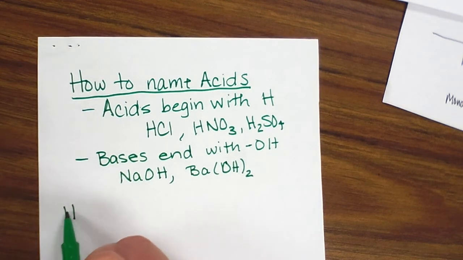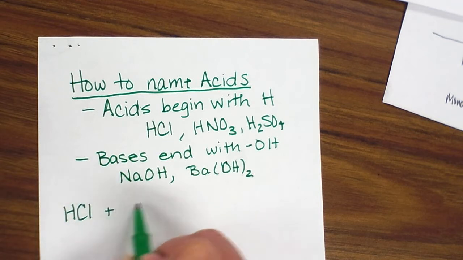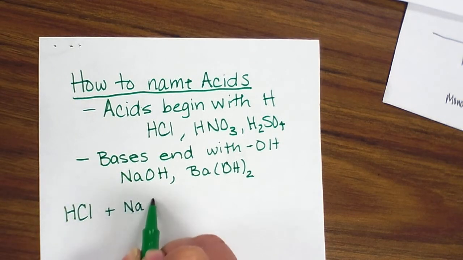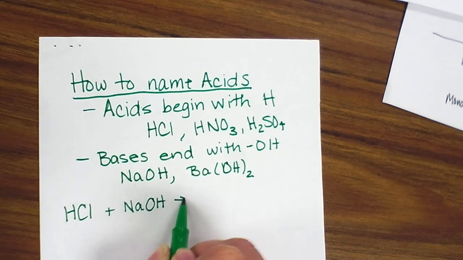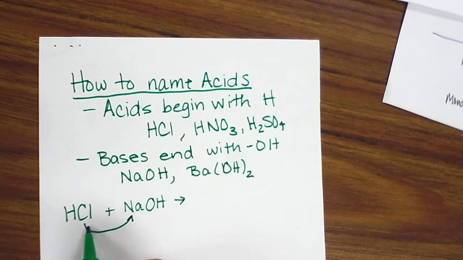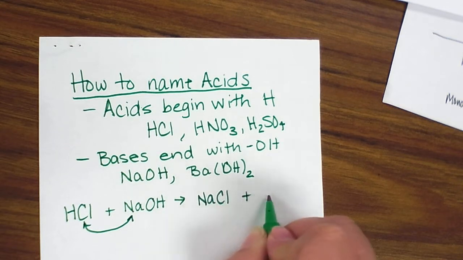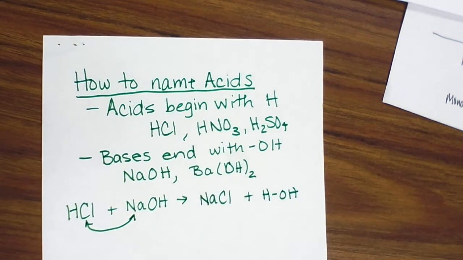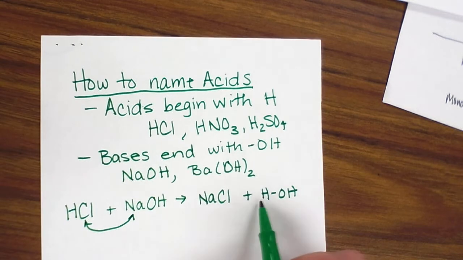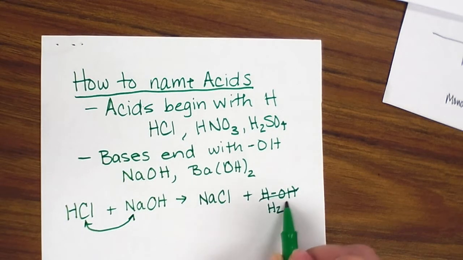So for example, if I react hydrochloric acid and sodium hydroxide, because I'm showing you what happens when you put them together, the chlorine and the sodium interact together. And what happens is you get sodium chloride, plus the hydrogen interacts with the hydroxide. And you'll notice that HOH is water. So when a base and an acid react together, they neutralize.